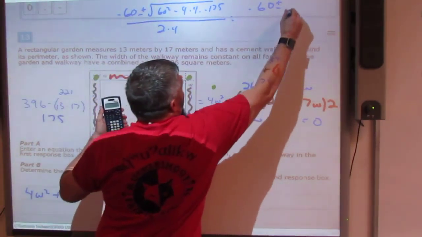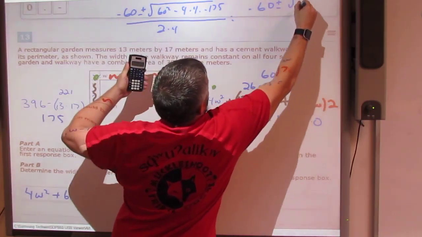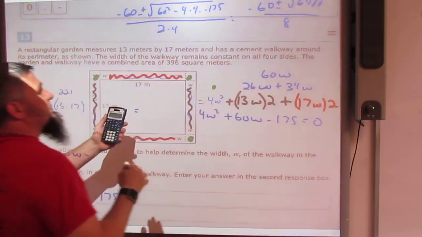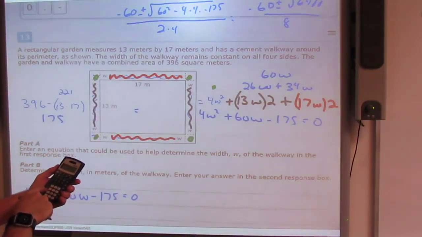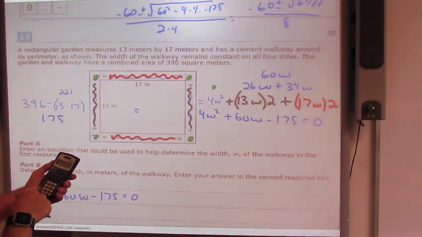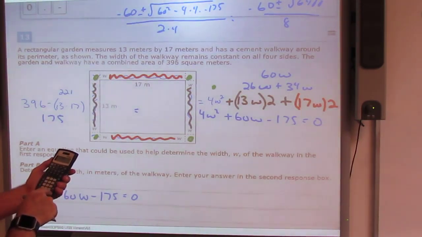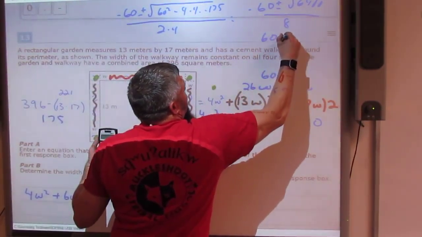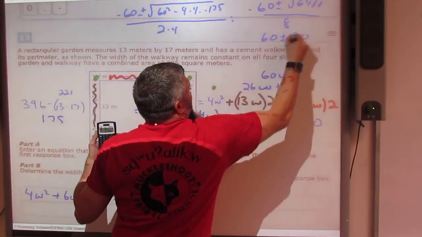So that would be the square root of 6400 all over 8. So then square root that, which would be 80. So 60 plus or minus 80 over 8.